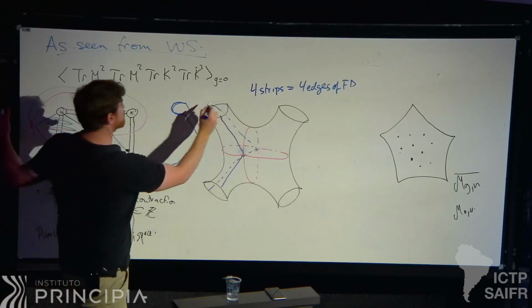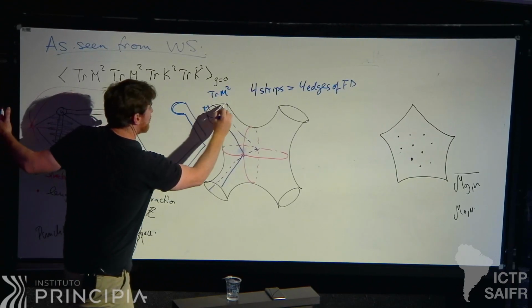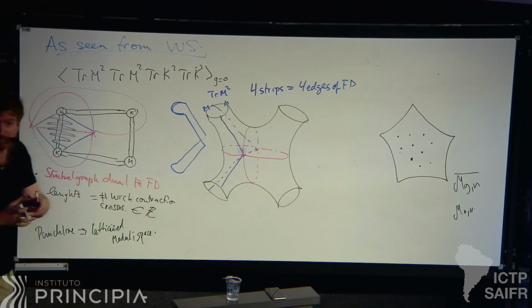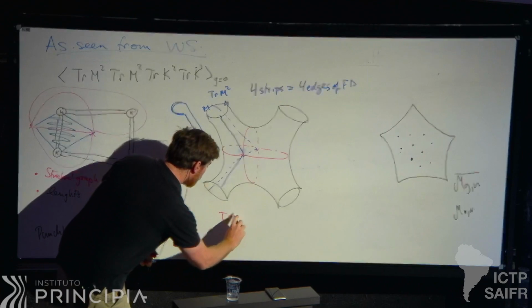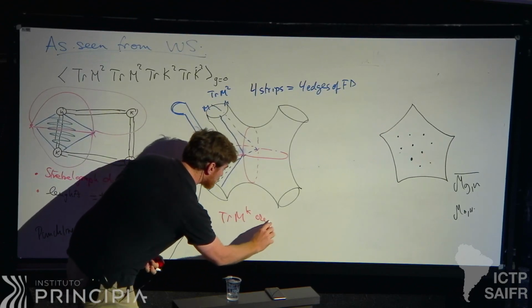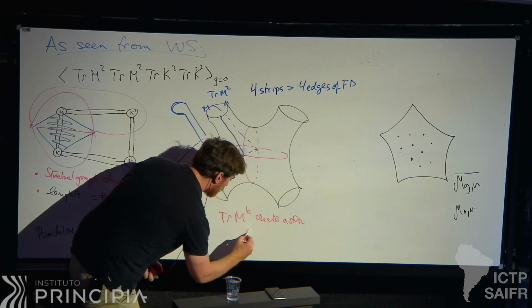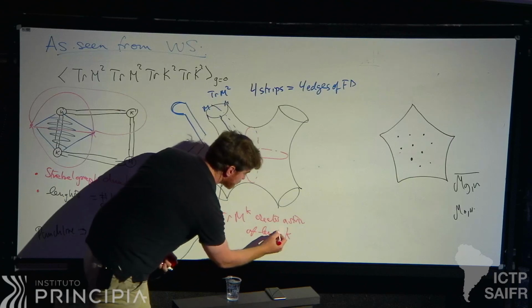So just remember, this was built of, say, trace m squared. There's an m and an m coming together that are being fused to create this closed string. In particular, trace m to the k creates a string of length k, or of k string bits.